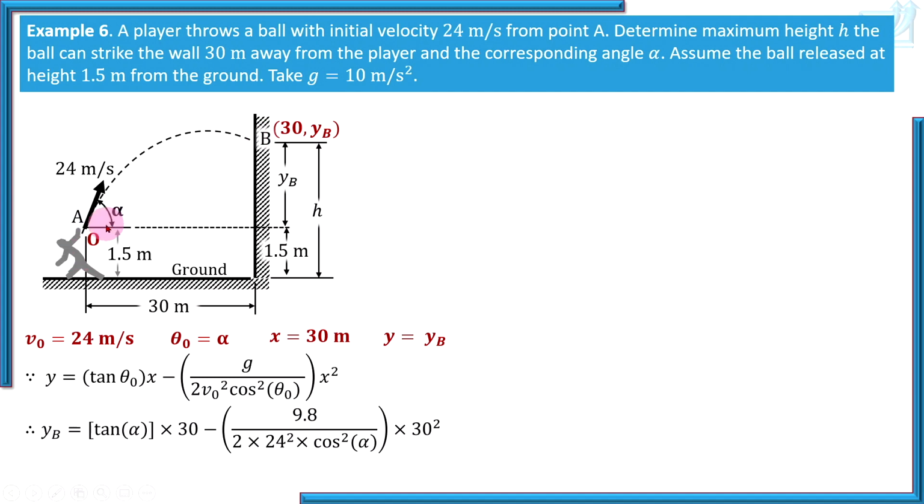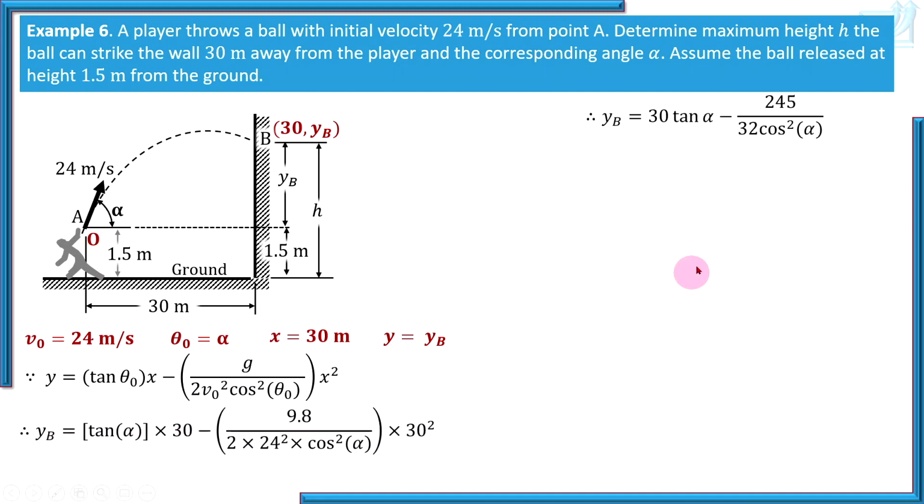So at different angles alpha, the point where the ball strikes the wall will be different. But we want the maximum y, and this y coordinate is a function of alpha. If you want y to be maximum, then dy by d alpha equals 0, the condition of maxima. So we first differentiate this equation with respect to alpha, and then equate it to 0.